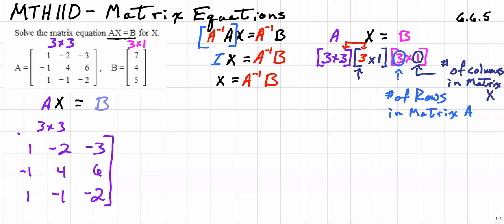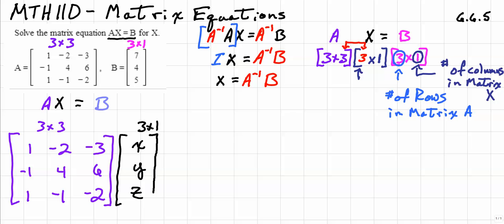And we're going to multiply that by matrix X, which we know must be a 3 by 1 matrix. Since it's a variable matrix, it will represent x, y, and z. And that will be equal to our matrix B, which we know is a 3 by 1 matrix also, and that is going to be this matrix right here.